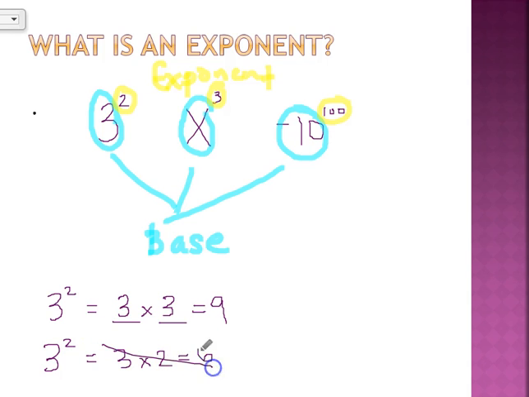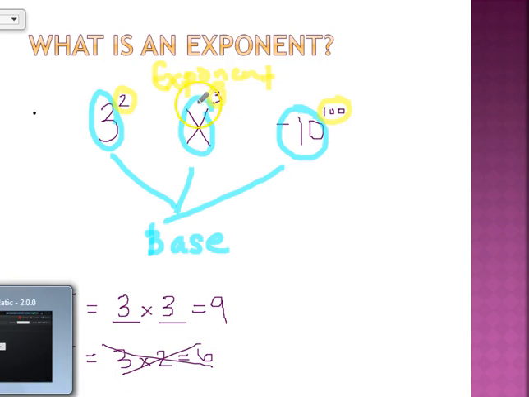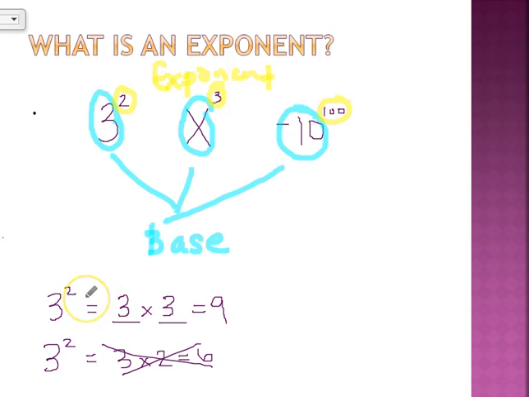That is not what a power tells us. A power tells us how many times to multiply the base times itself. So in the other example I had, x cubed, we would write that out as x times x times x. Here it might be better to do parentheses because of all the x's. That's what x cubed means. So an exponent tells us how many times to multiply the base times itself.